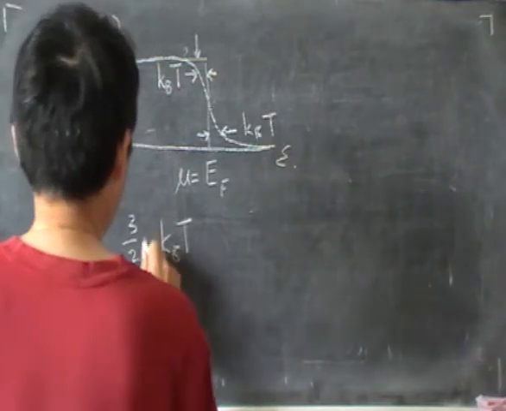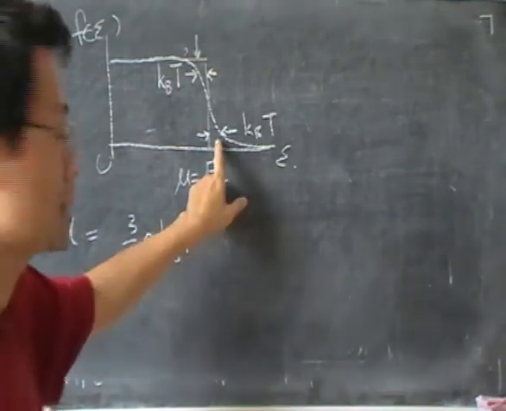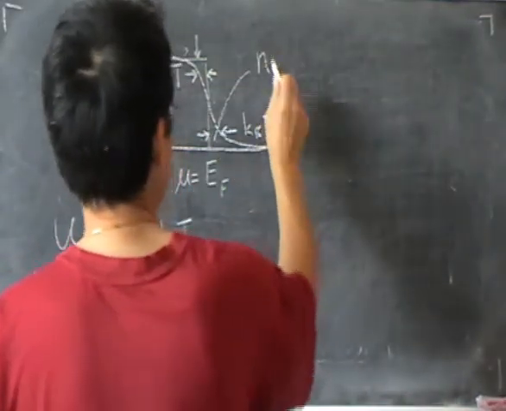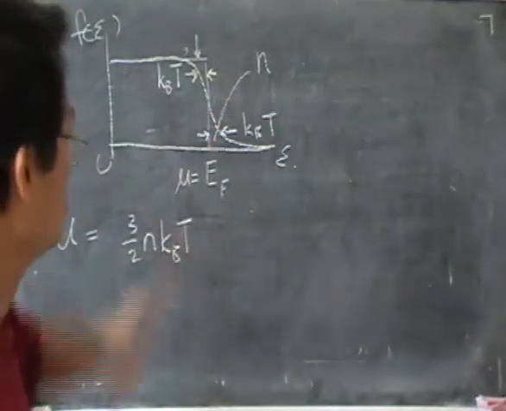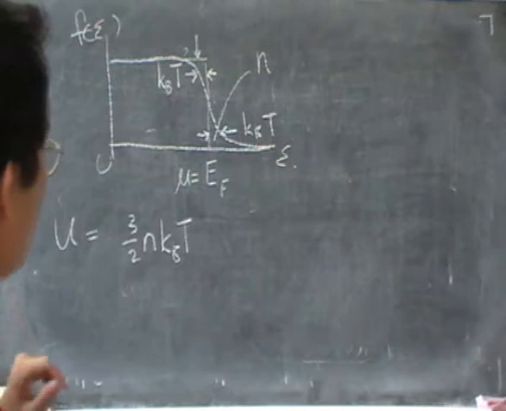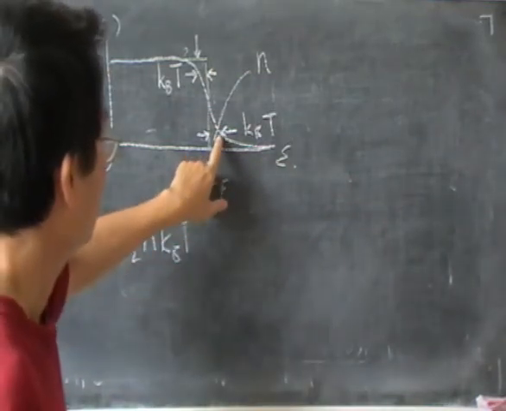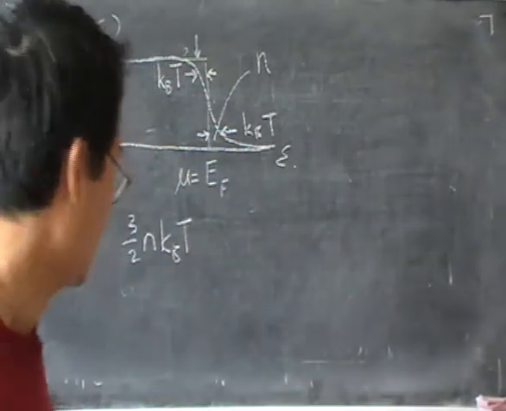I'm going to use the letter n to represent the number of excited electrons. So the letter n just refers to that part, rather than big N, which refers to the whole lot. This is what we want. So the first thing that we need to do is find an expression for the number of excited electrons.